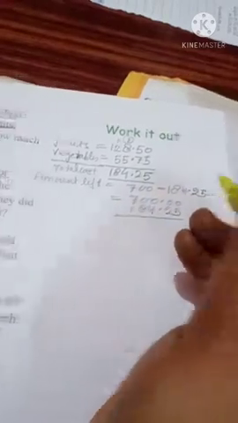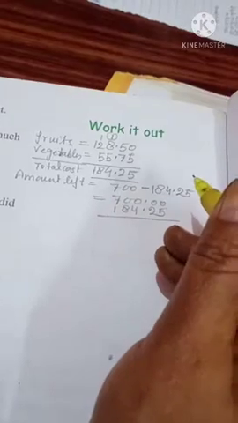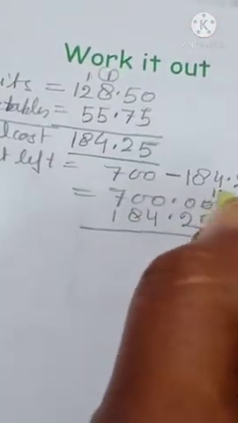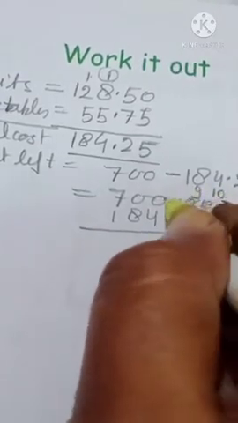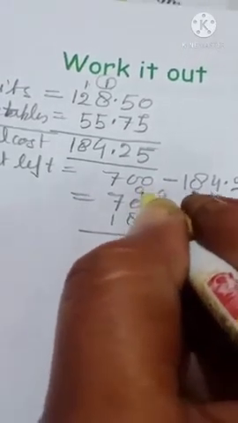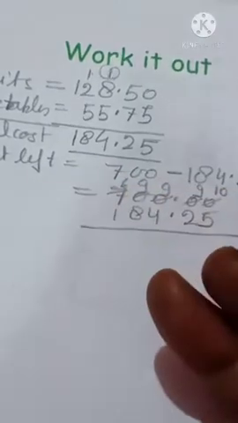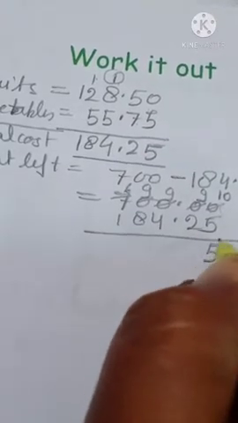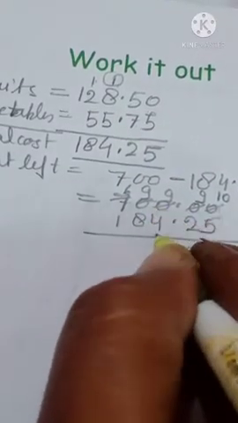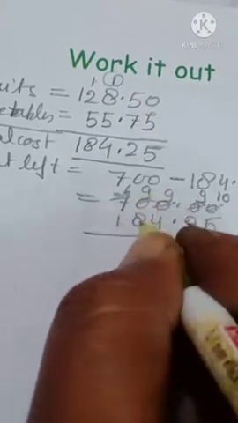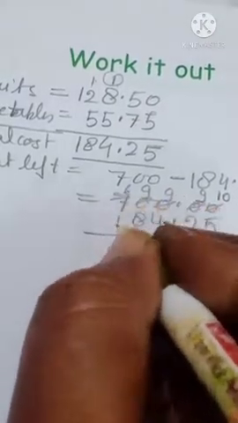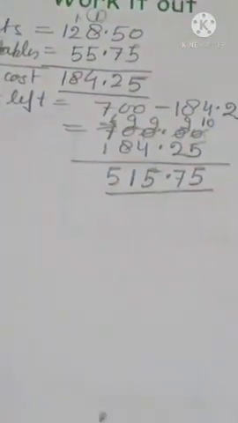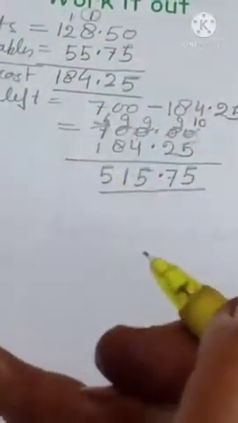Now see again. Take borrow from here, it will become 10 beta. This will be 9, again this will be 9, it will also be 9, and this has 6. Now 10 minus 5 beta, 5. 9 minus 2, 7. 9 minus 4, 5. 9 minus 8, 1. And 6 minus 1, 5. 515.75, and this will be the amount left with him.